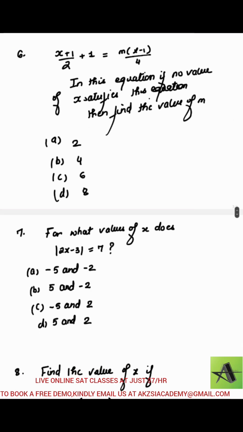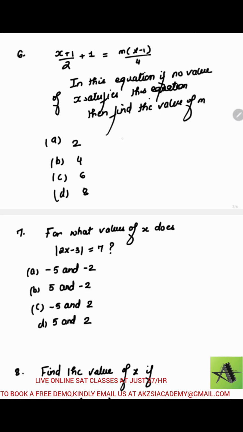x plus 1 over 2 plus 1 is equal to m times x minus 1 over 4. In this equation, if no value of x satisfies this equation, then find the value of m. No value of x. That means let me simplify the left hand side.